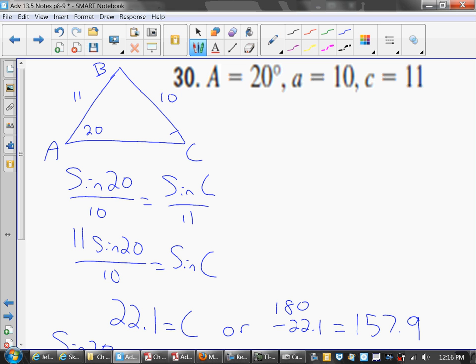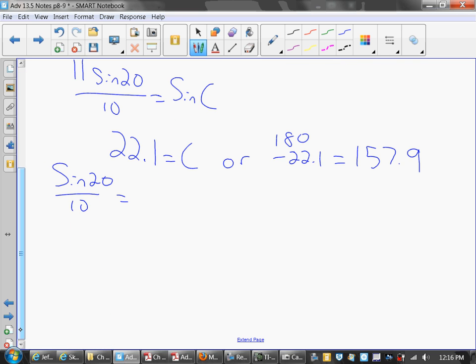So C is going to either be 22.1. If it's 22.1, what's angle B? So that means that angle B was 138.9.